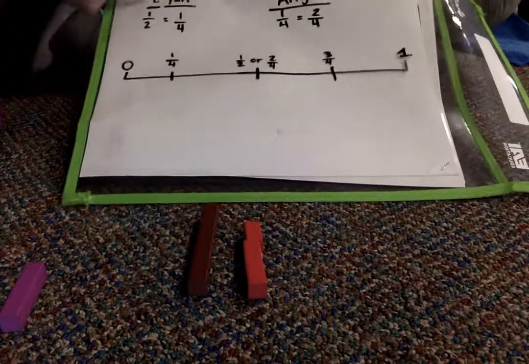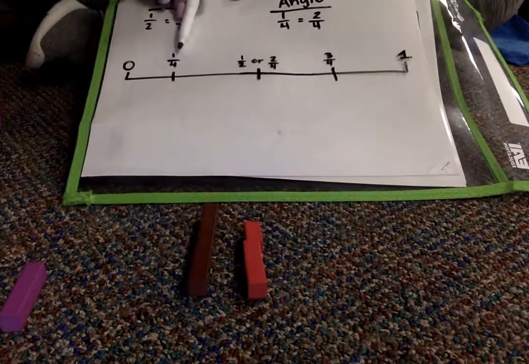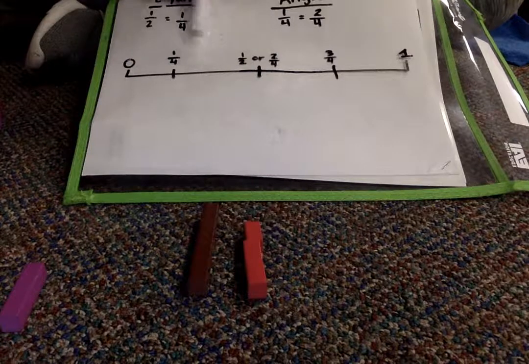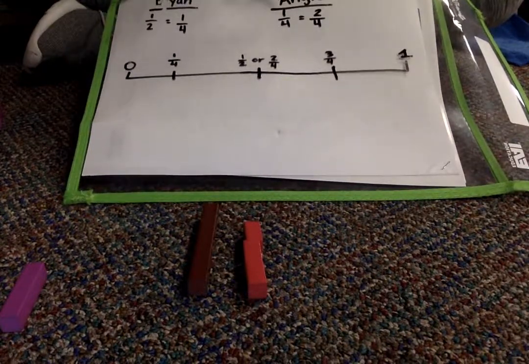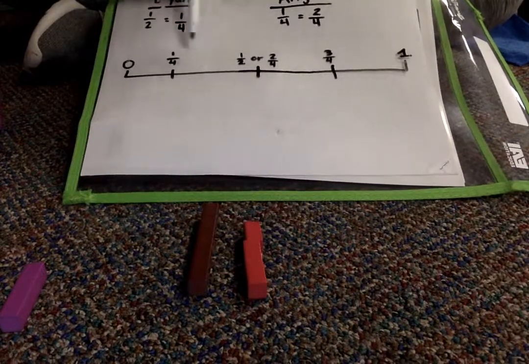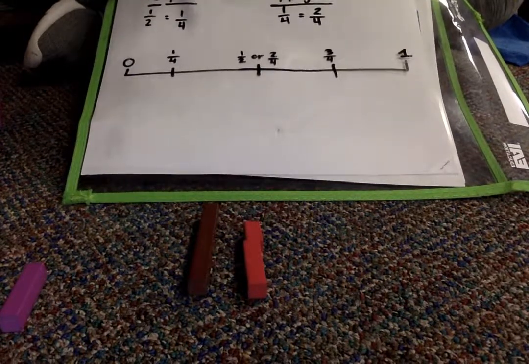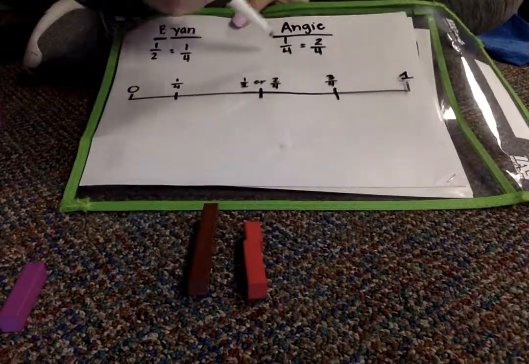So Brian is saying that 1/2 is equal to 1/4, and you can see that these two are not the same number in the same place on the number line, so that would not be correct. And Angie is saying that 1/4 is equal to 2/4, and you can also see that those are not on the number line.